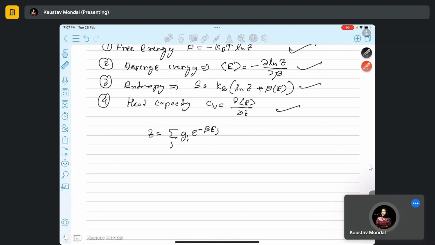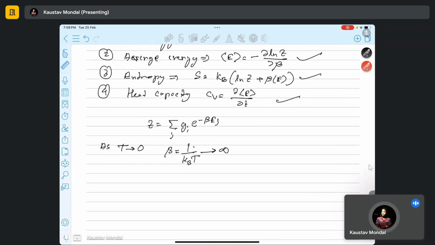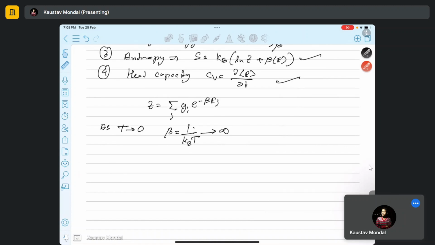Now as T tends to 0, as mentioned in the problem, you already know beta, which is equal to 1 by kBT, also tends to infinity, right?